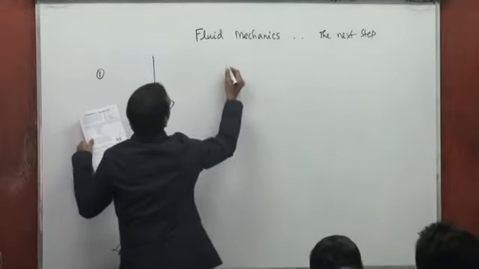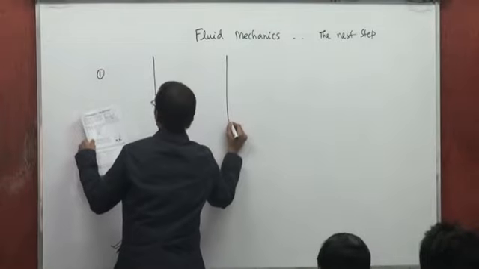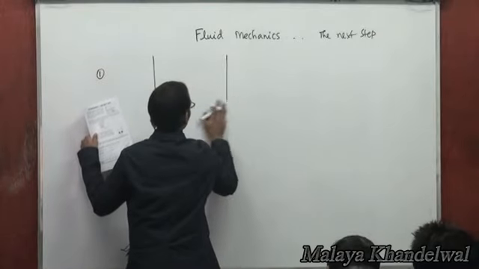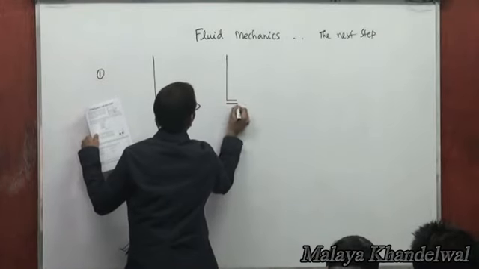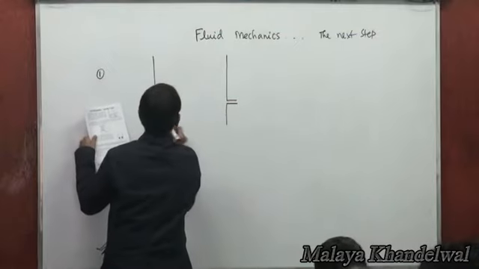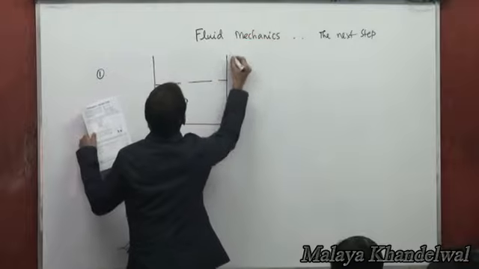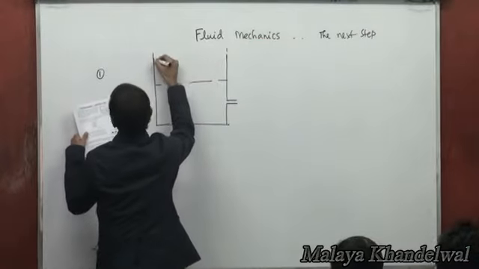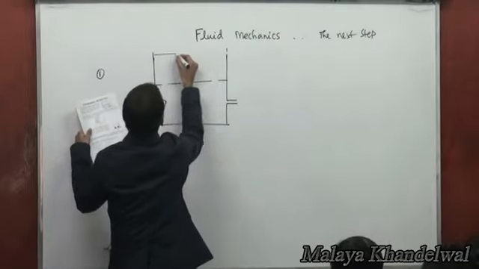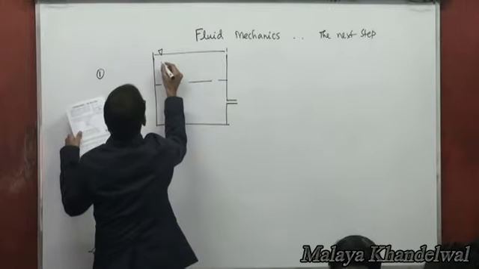So here we have a typical container comprising two immiscible liquids. This is the free surface.